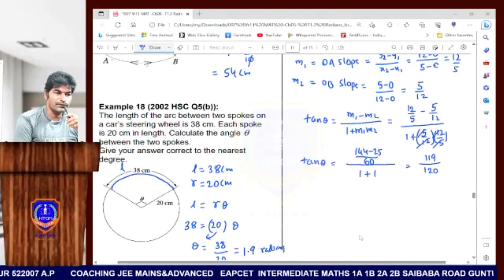How much is 119 by 120? 0.991. Is that correct?